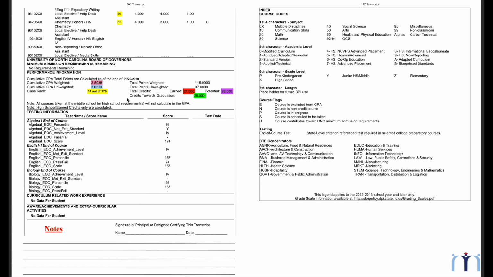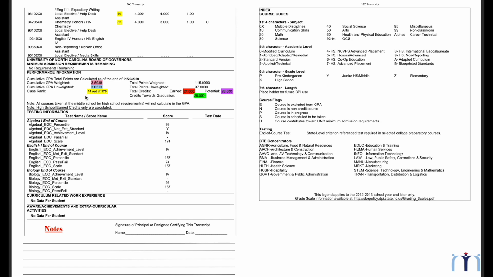The difference between those two numbers reflects the number of accelerated courses they've taken, which pushes their weighted GPA to a higher number, versus the unweighted, which will be your standard A, B, C, D, F rating, 4 being A, 3 being a B, 2 being a C, 1 being a D, 0 being an F. As you can see when cross-referencing those numbers, this student is averaging a 3.03, highlighted in blue here on this page, which would be a B average on their grades on this transcript.